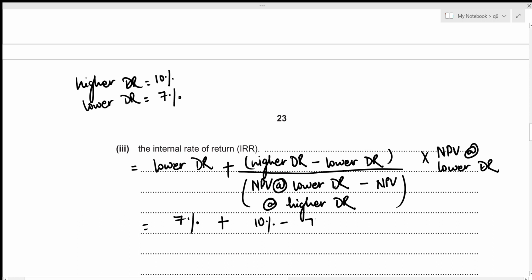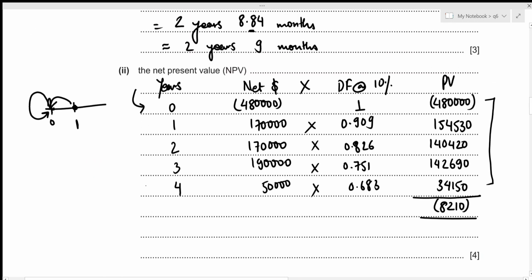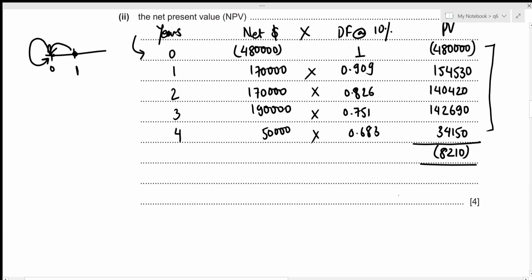So that's 10% minus 7%, right? And then we need to divide by the net present value at the lower discount rate, but we only figured out the net present value for 10% discount rate above, right? Which means we need to repeat the entire process and figure out the net present value for this particular rate of 7%. So I'm just going to figure that out right here.